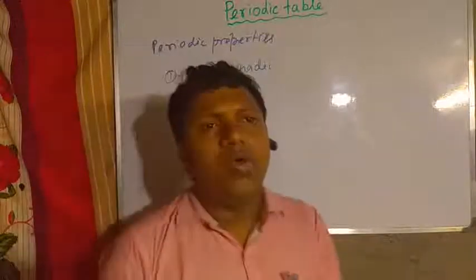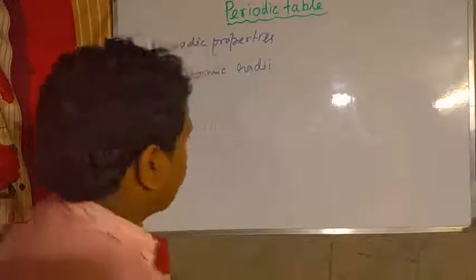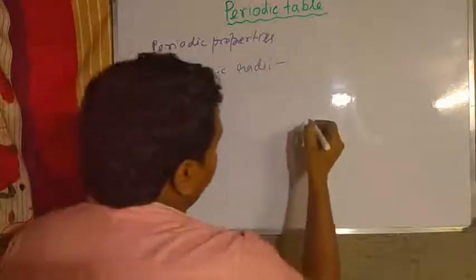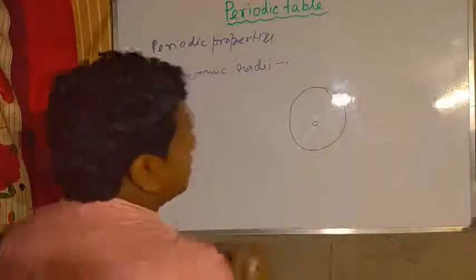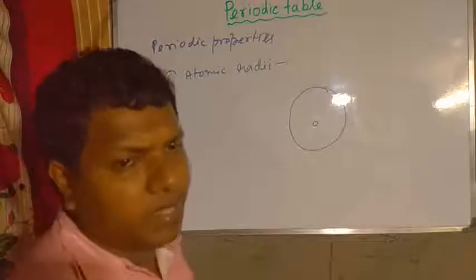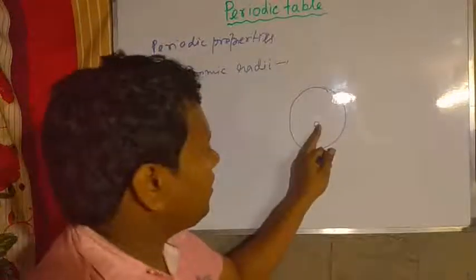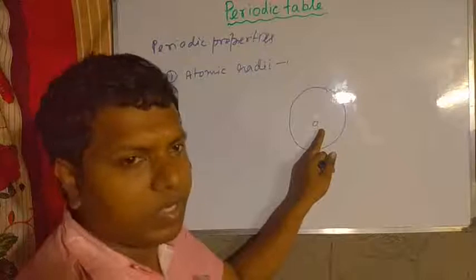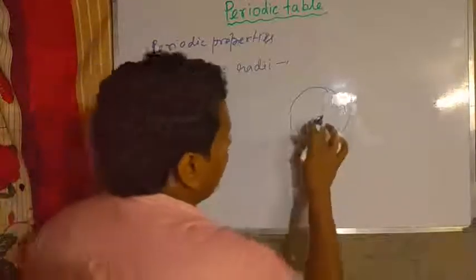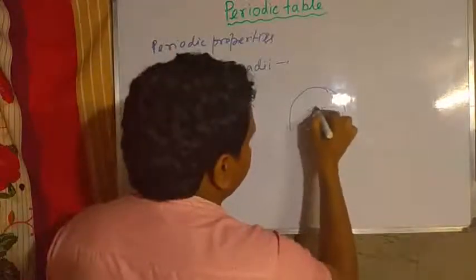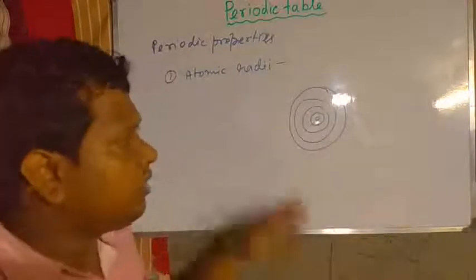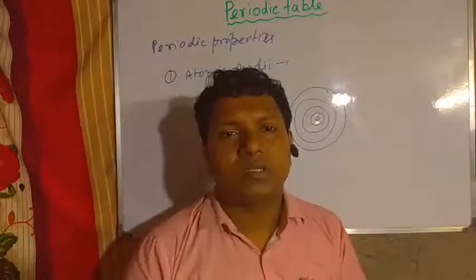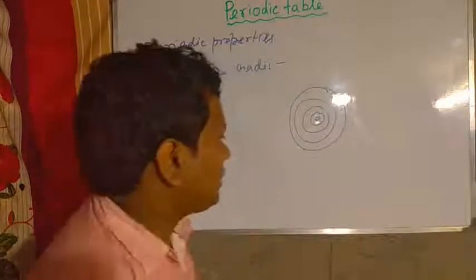Okay, now what is atomic radius? Every atom is spherical in shape and it has a center called the nucleus. Around the nucleus there are various circular orbits in which the electrons circulate around the nucleus.